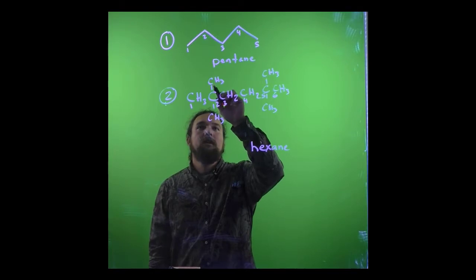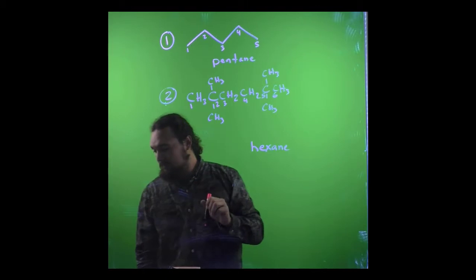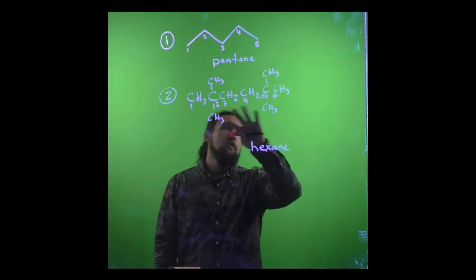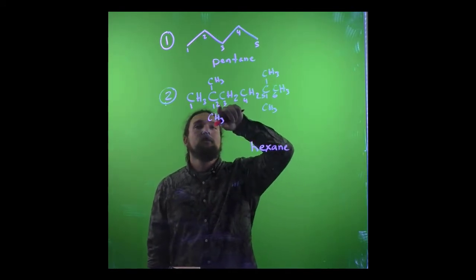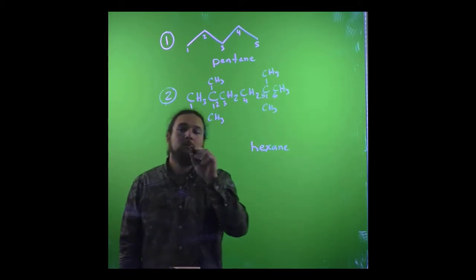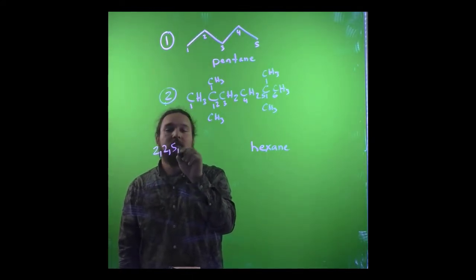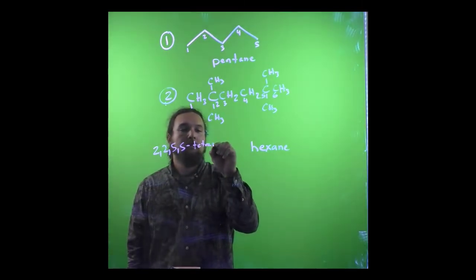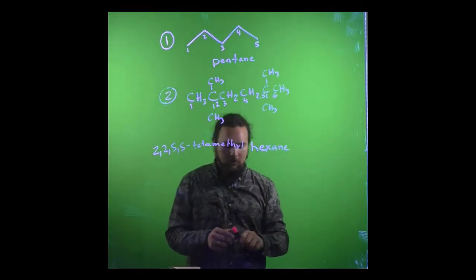We have 2 methyls coming off at 2, and 2 methyls coming off at 5. Oh, actually, that's where I was wrong, okay? Let's just do this one, and then we'll do, so this is a bonus problem. This one has 6 carbons. We have 2 methyls at position 2, and 2 at position 5. This would be 2,2,5,5, 4 methyls, tetramethylhexane, okay?